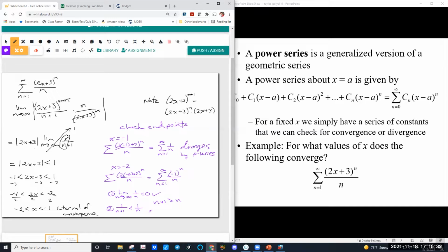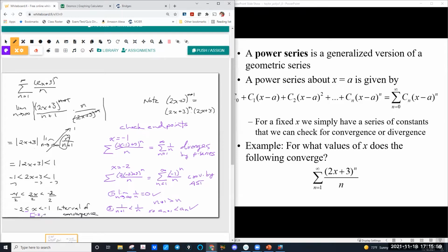And so a sub n plus 1 is less than a sub n. That's part 2. So this is convergent by our alternating series test. So we do want to include -2. We could also do it in interval notation.